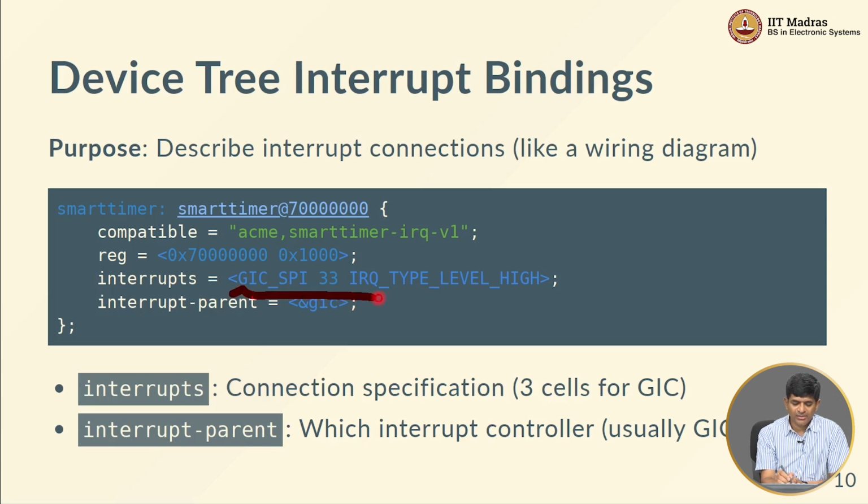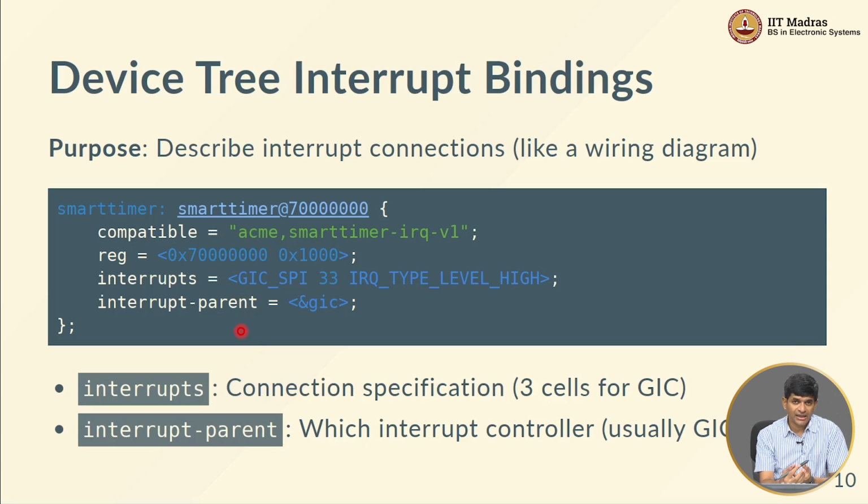The interrupts line gives me a connection specification, which is three cells, meaning three numbers, which are passed on to the GIC so that it knows how exactly this particular peripheral is to be connected to the GIC. Remember that this is the device tree.